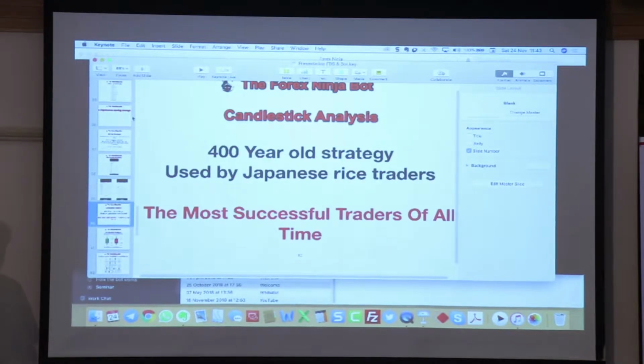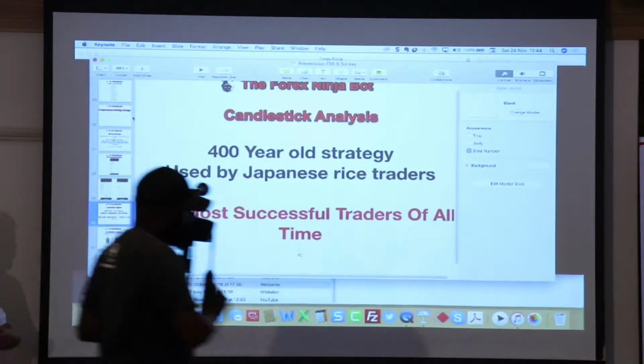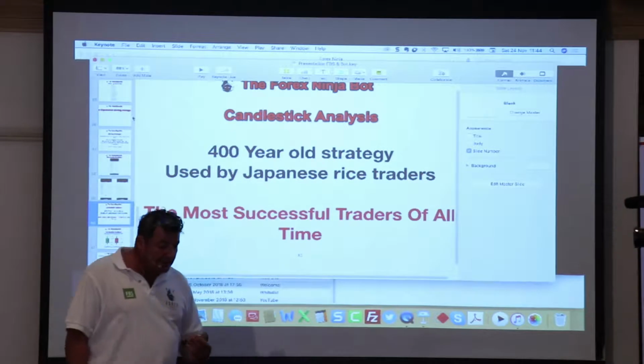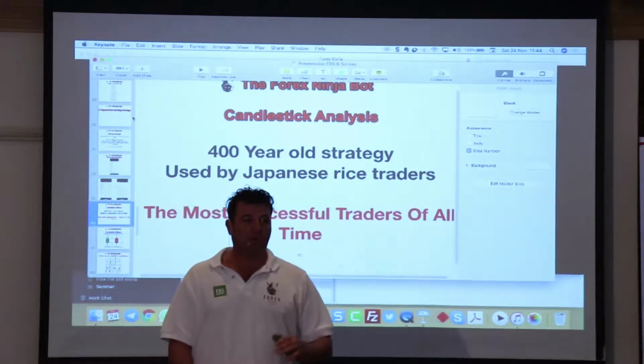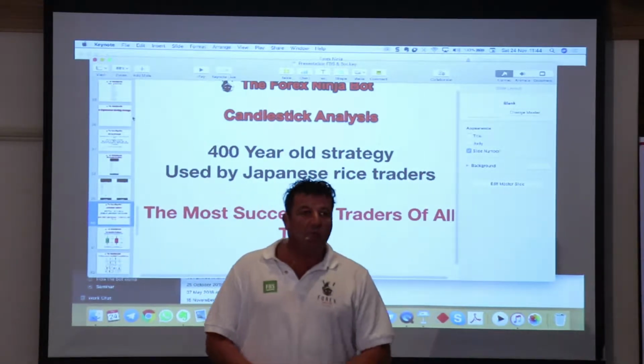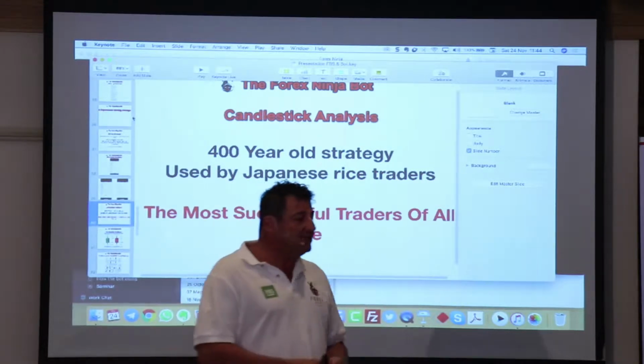Very, very simple. Cool. So I use the candlestick analysis. Now, the candlestick analysis is a 400-year-old principle. It is not a new principle. Moving averages, Fibonacci's, stochastics, all these indicators that you see today, pitchforks, etc., have been invented in the last 30 years.